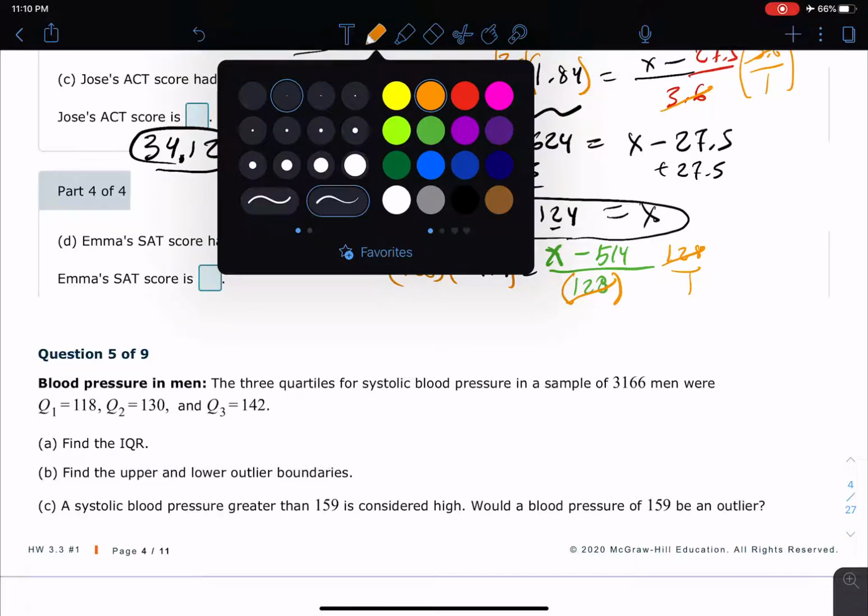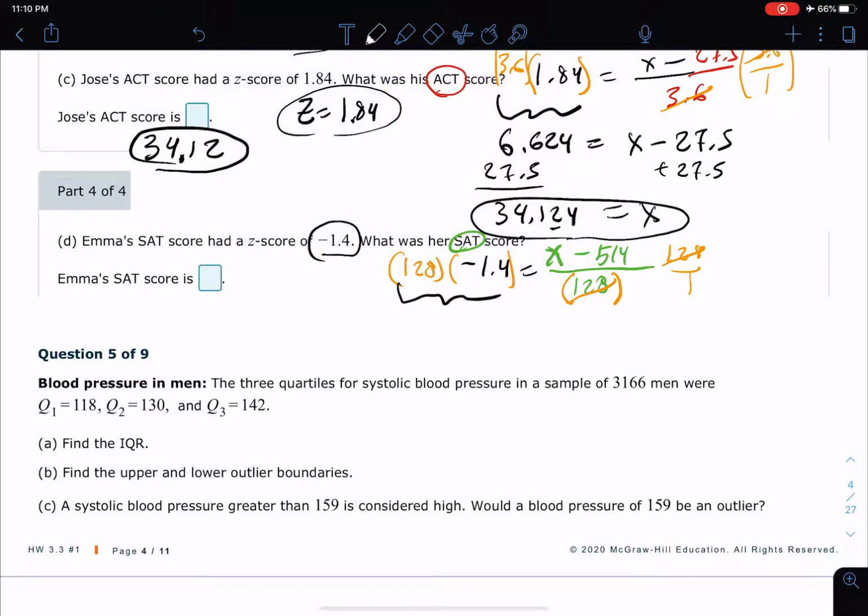So now I've got 128 times negative 1.4, which gives me negative 179.2. And that equals x minus 514. And I add 514 to both sides. Add, and of course, that zeroes out.